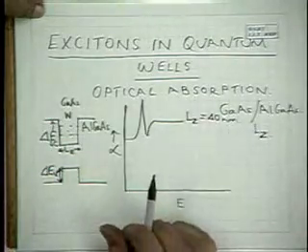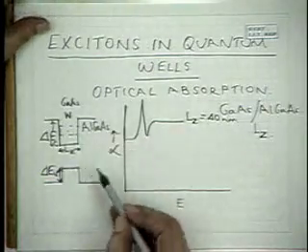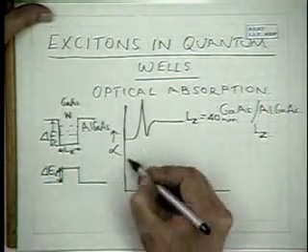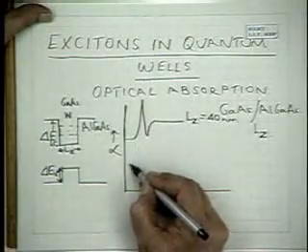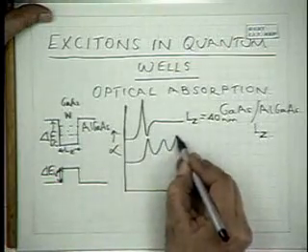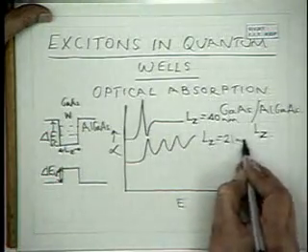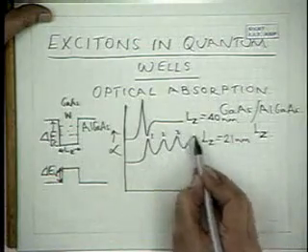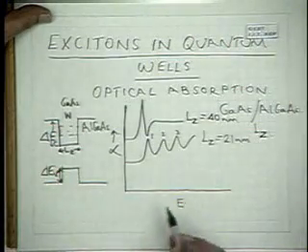Suppose you reduced the well width, then obviously from arguments of electron in a potential well, according to Schrödinger's formulation, the energy splittings increase and the optical absorption becomes of this type, for Lz 21 nanometers. And these peaks correspond to n equal to 1, 2, 3, etc. in the expression for energy.